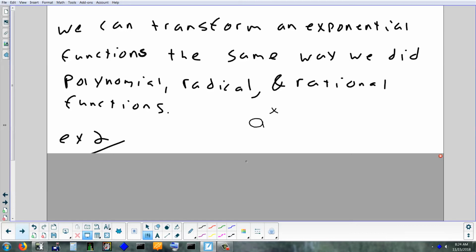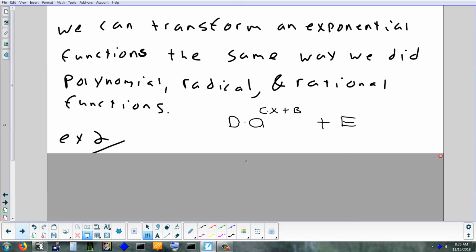That's my basic function. If I put a plus inside, that would do something. If I multiply inside, that would do something. If I multiply outside, that would do something. And if I add or subtract outside, that would do something else.